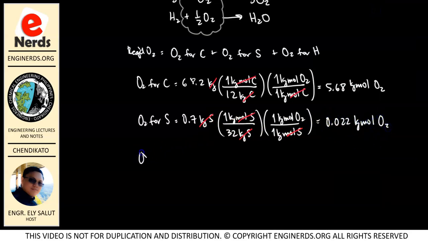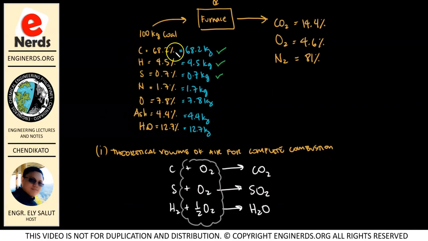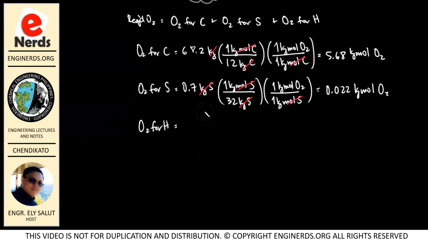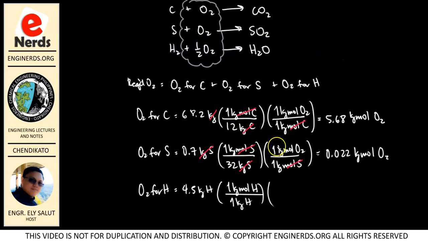And then, para naman sa O2, for converting our hydrogen dito sa ating coal. So, we have 4.5 kilogram ng hydrogen, no? 1 atom lang ng hydrogen. So, 4.5 kilogram of hydrogen. Divide natin sa kanyang molecular weight. So, 1 kilogram mole of hydrogen is 1 kilogram of hydrogen. Okay, so tandaan natin, no, single unit lang ng hydrogen meron tayo dito.